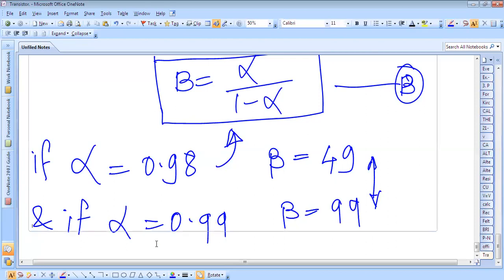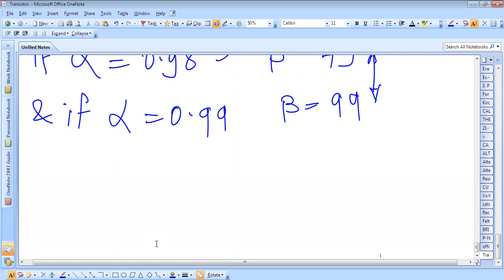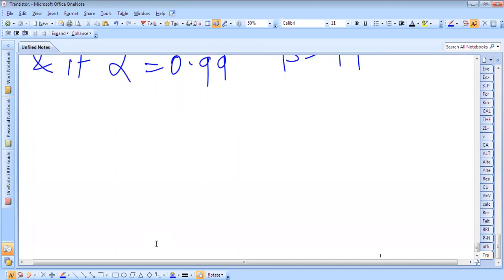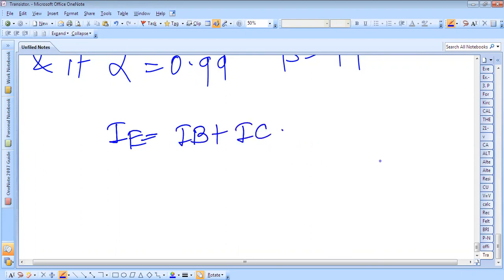Okay, so now a transistor in a common emitter circuit. We have seen that in a common emitter circuit the emitter current is equal to base current plus collector current, and this common emitter circuit has the base emitter junction forward biased.